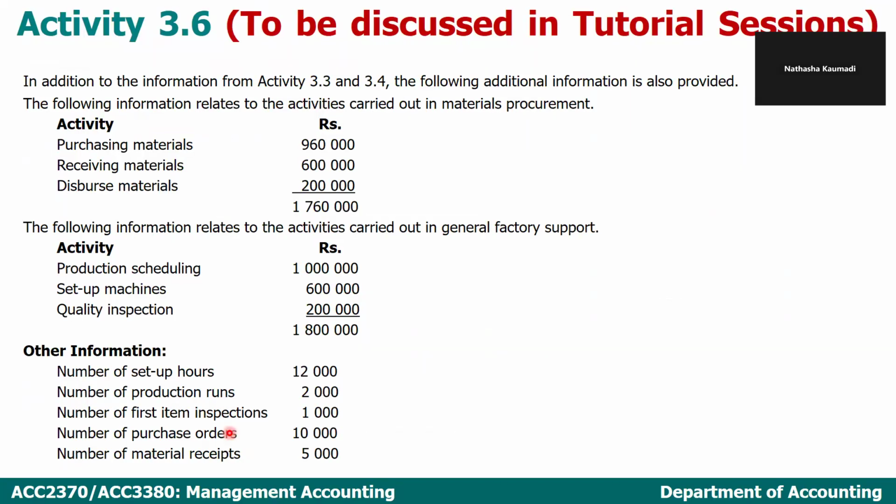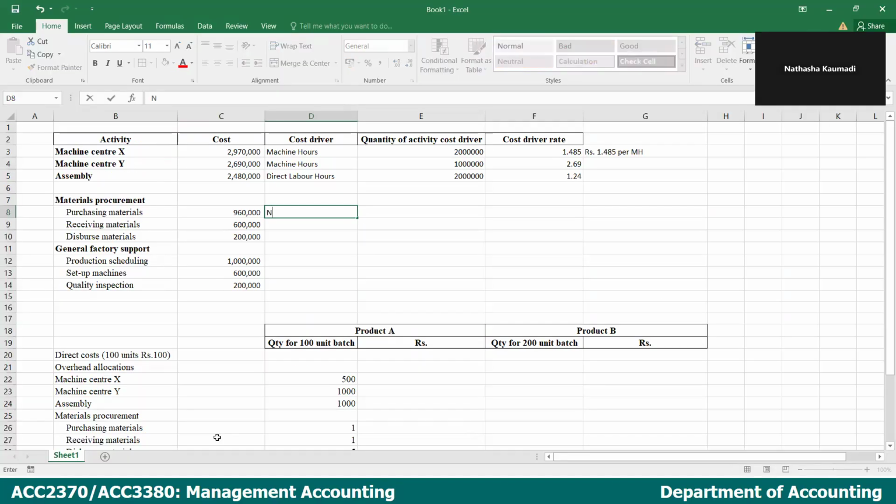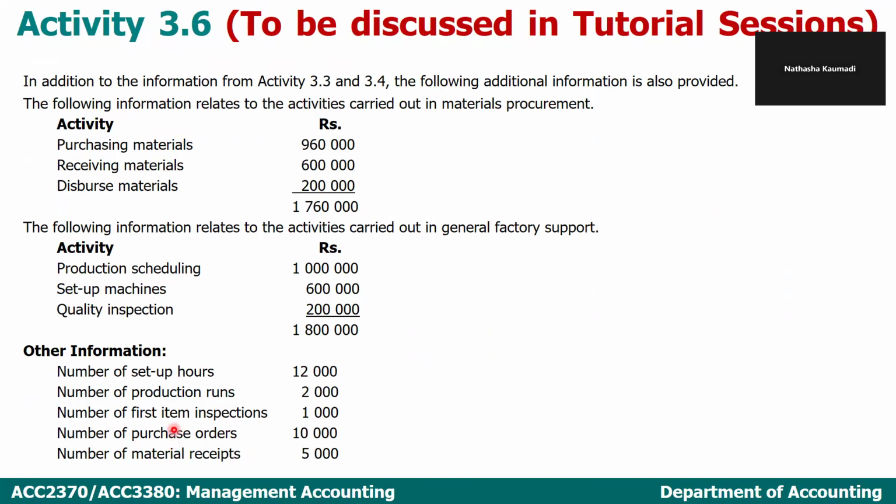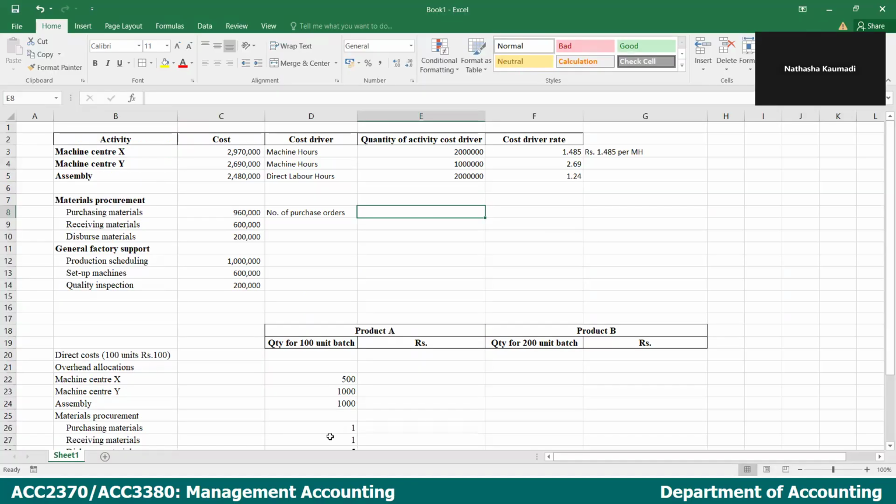So you write number of purchase orders. Now, the quantity of purchase orders is 10,000. So write 10,000.